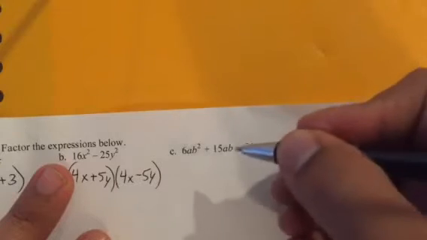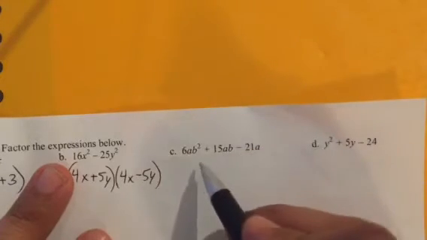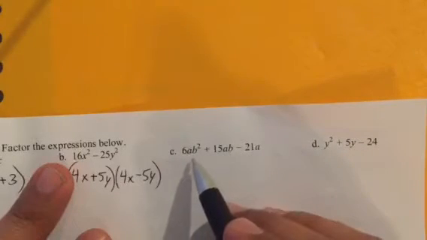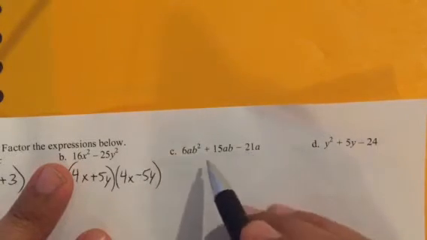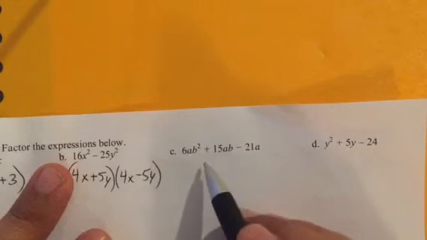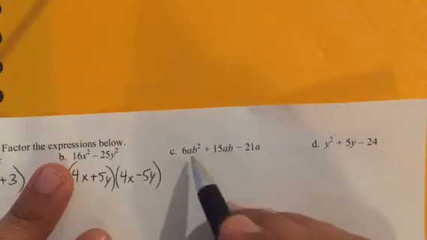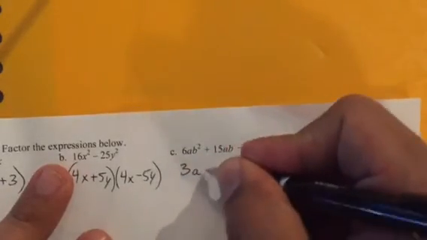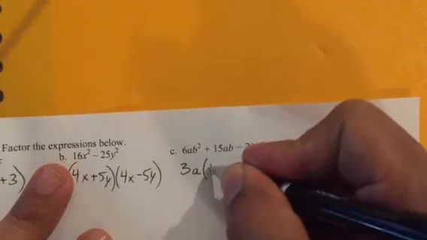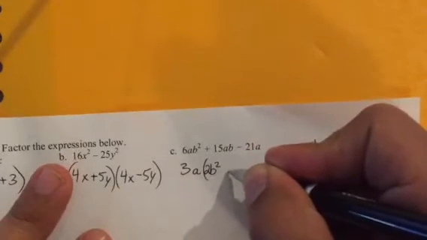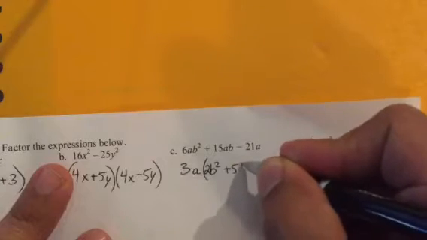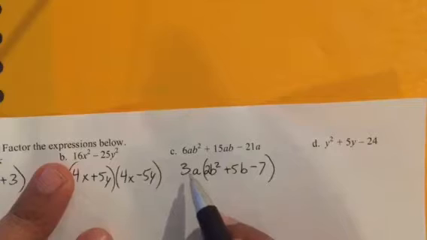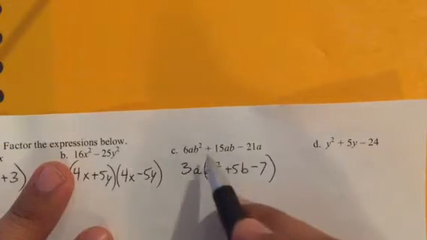First let's see if we can factor anything out. I noticed that I can factor out 3 and a from each of these terms. So I'm going to pull out a 3 and an a, and I'm going to be left with 2b squared plus 5b minus 7. So notice that if I were to distribute 3a, I would get the same thing again.